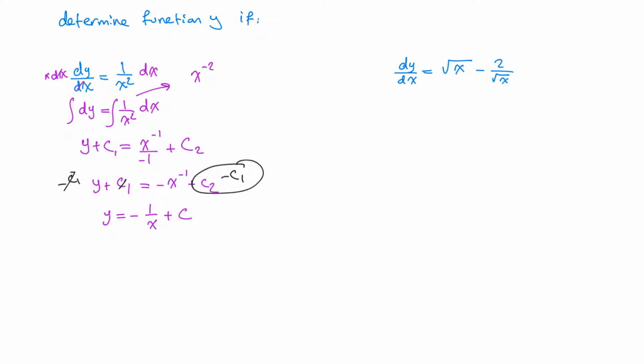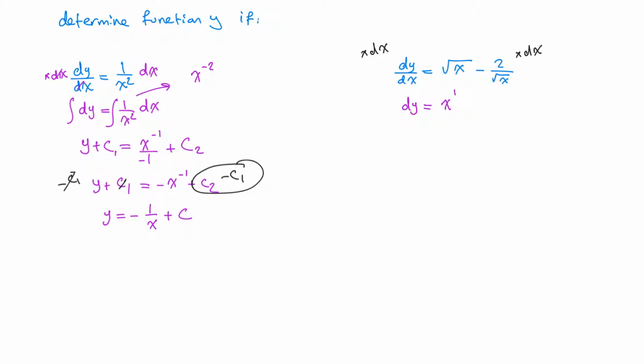For this question I will do the exact same steps. First thing I will do is multiply both sides by dx. And I will get dy is equal to square root of x minus, actually let's write this in exponent form instead.